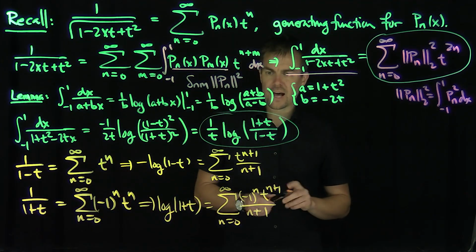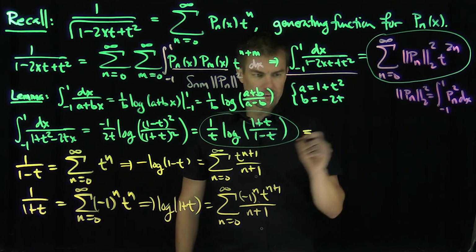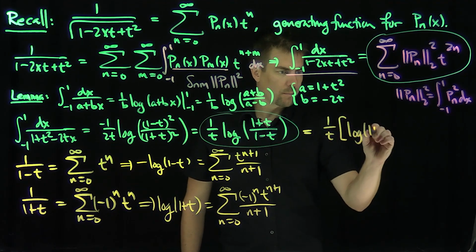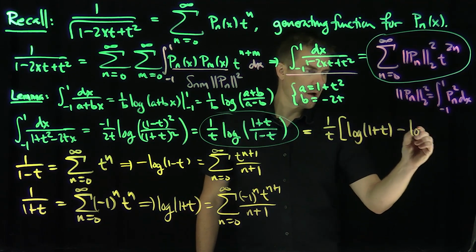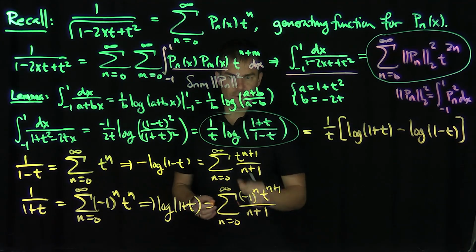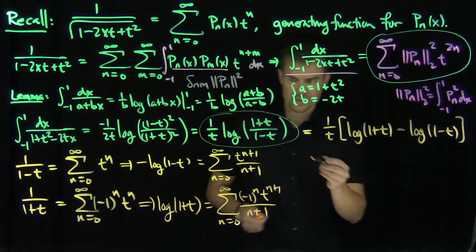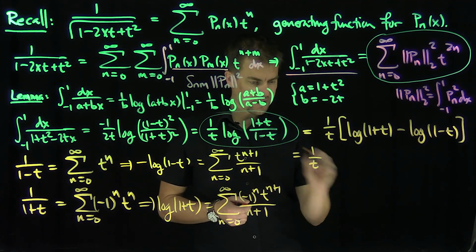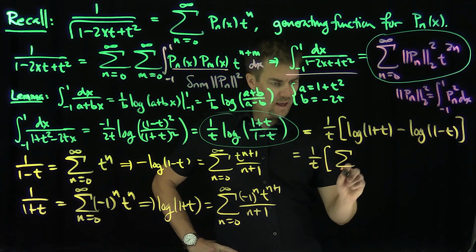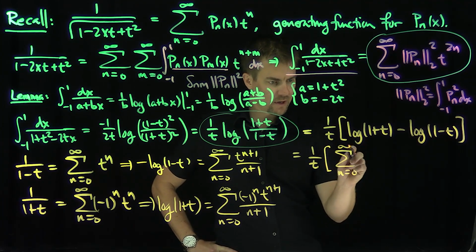Okie doke. And so now, let me write our function over here. It is really 1 over t, and then in parentheses, the log of 1 plus t minus the log of 1 minus t, like that. And so I can fill in these series over here. So what's this going to give us? This is going to give us a 1 over t, and then the sum, n goes from 0 to infinity.